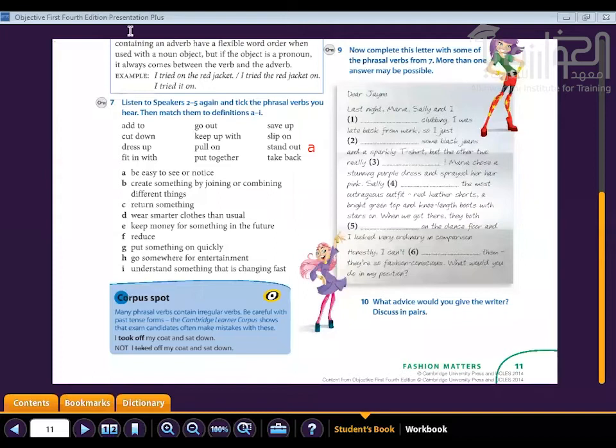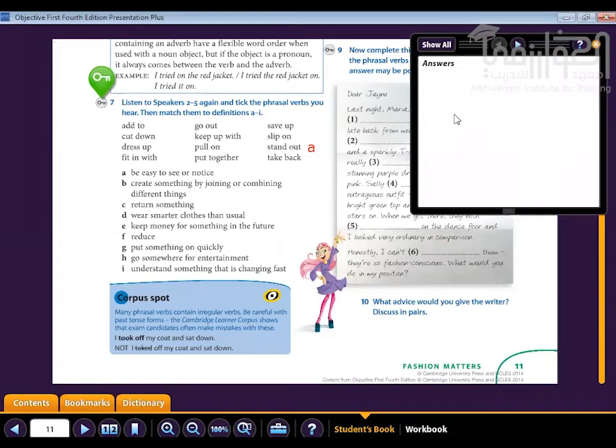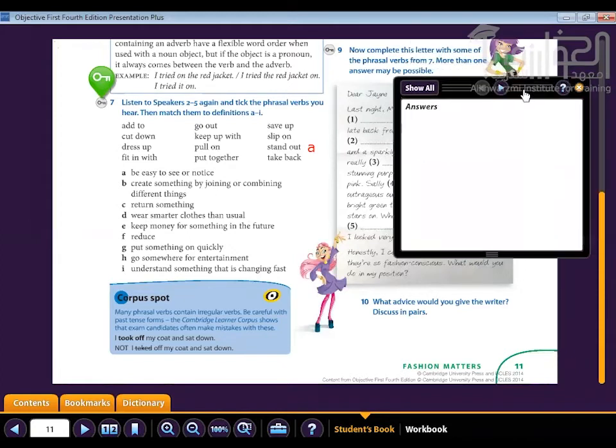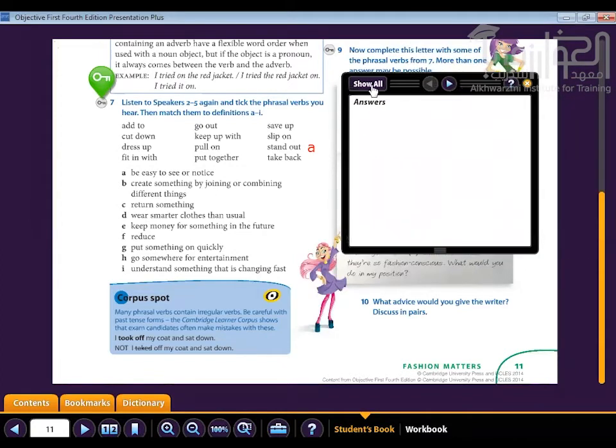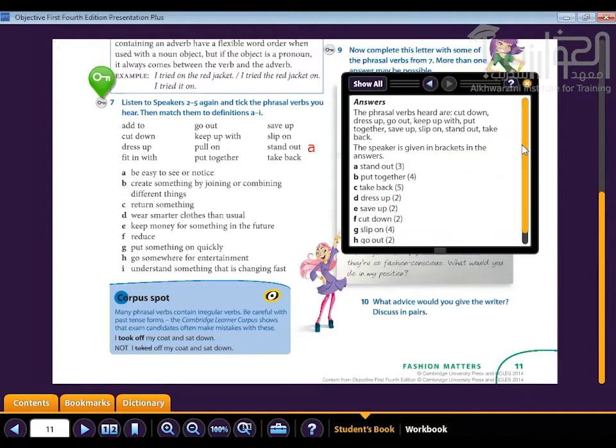Now let's look at the answers. So these are the answers. You can see all the answers here. So you can see A is stand out as we've done, and these are the rest of the answers.